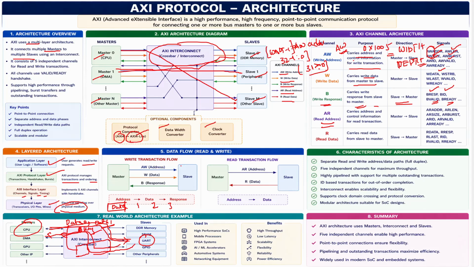How does the write transaction flow happen? This is my master, maybe a DMA, and your slave is maybe some SRAM. Here we are doing a write transaction. That means the DMA initiates the address through the address channel and also configures.